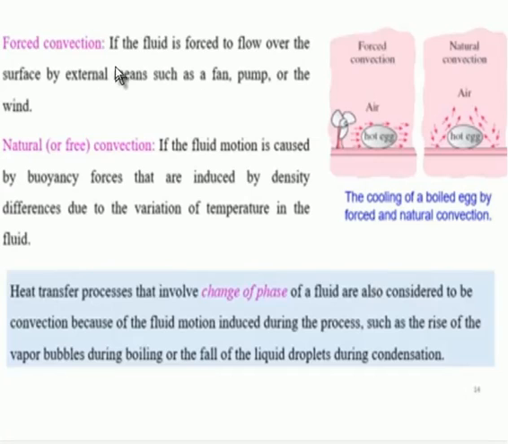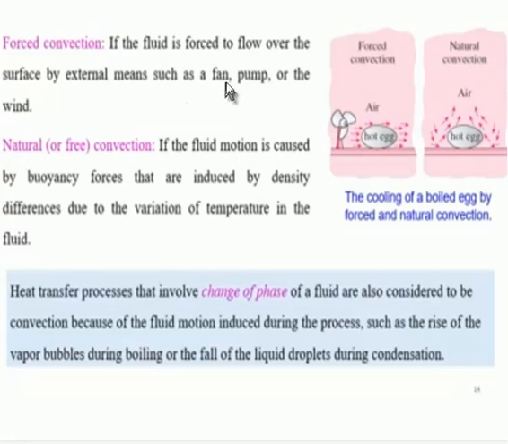If the fluid, which may be air or gases, is forced to flow over the surface by external means such as a fan, pump, or wind. Forced means that if you want to flow the fluid over solid surfaces, we can use some external devices.